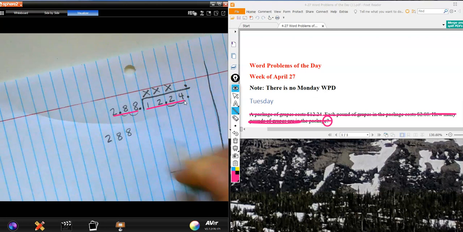So subtract 1,152 from 1,224. 4 minus 2 is 2. I can't subtract here, so I'm going to borrow from 1. This becomes 12 minus 5 is 7. So that's 72, which is less than 288.